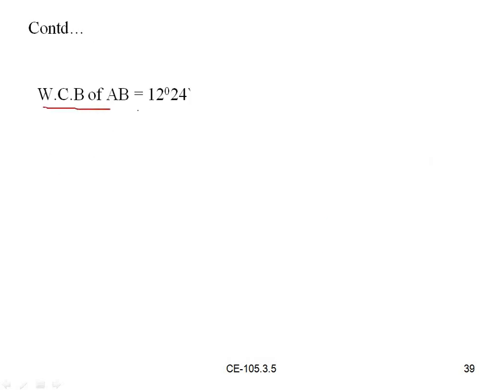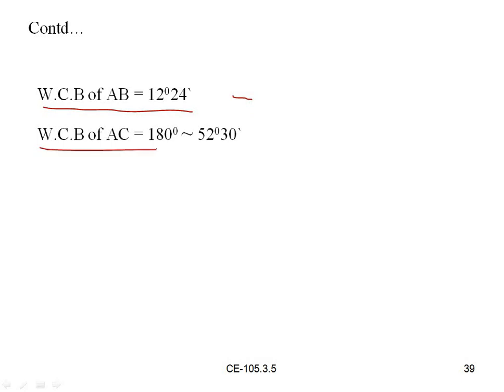So whole circle bearing of AB is equal to 12 degrees 24 minutes. Whole circle bearing of AC is equal to 180 degrees minus 52 degrees 30 minutes.